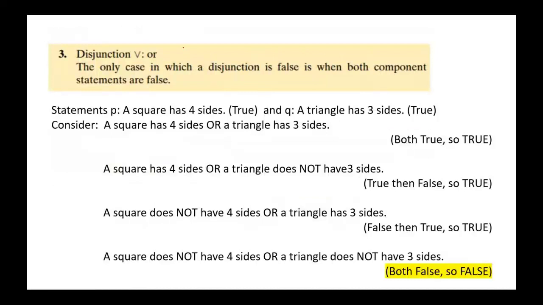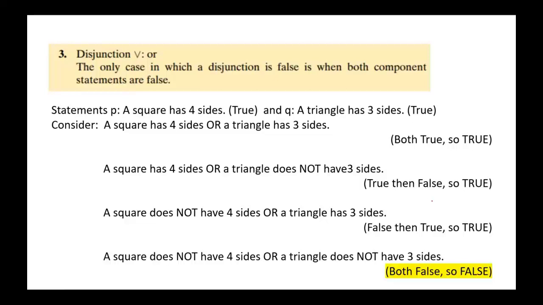Now, an or is only false when they are both false. So here we have a couple of statements. A square has 4 sides, true. A triangle has 3 sides, true. If you put an or in between them, they are both true, so it's still true. If you negate one of them, like the next 2 statements do, you end up with 1 true statement and then 1 false statement.